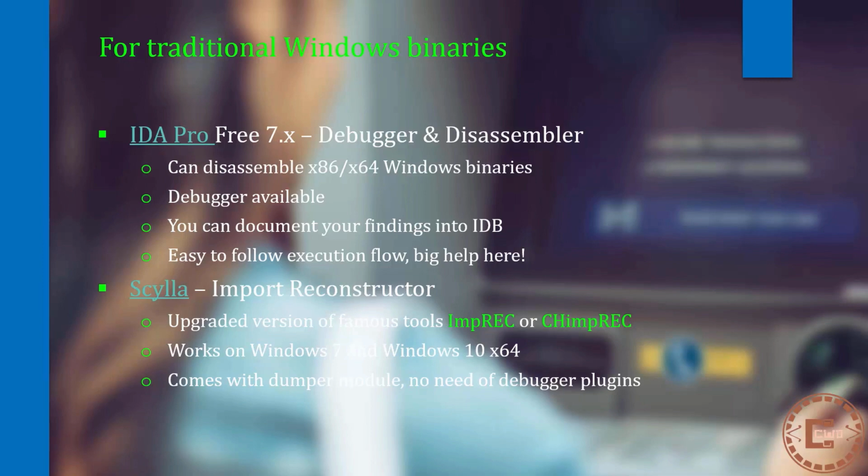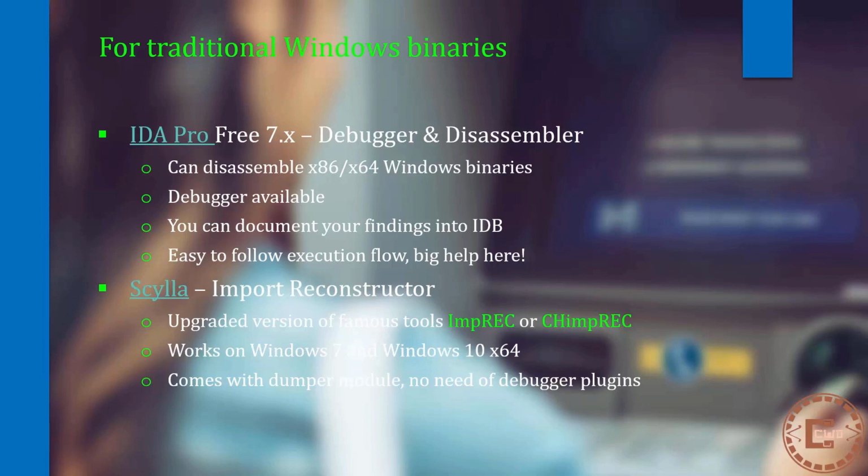Another pretty cool feature is that it comes with a dumper module. Back in the day, you needed to dump the binary from memory in your debugger, normally by using a plugin or doing it manually, and then use ImpREC to fix that dump. So you needed two tools, and sometimes those plugins didn't work in the latest version of your preferred debugger. So it was a problem, right?